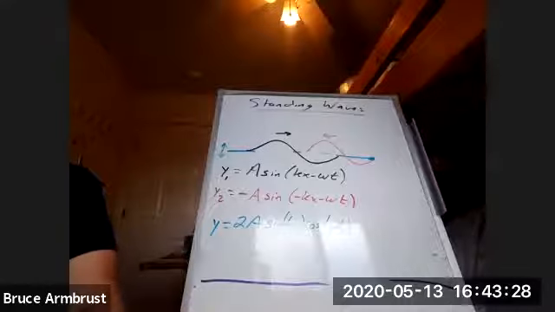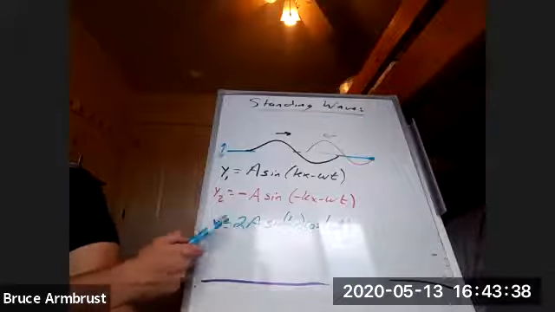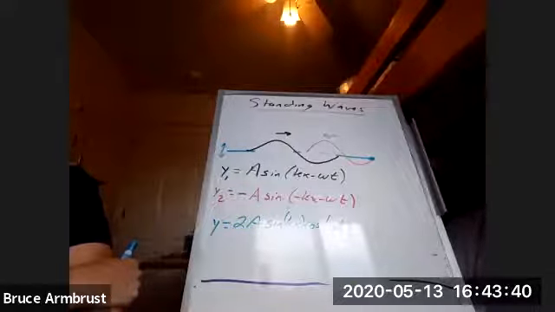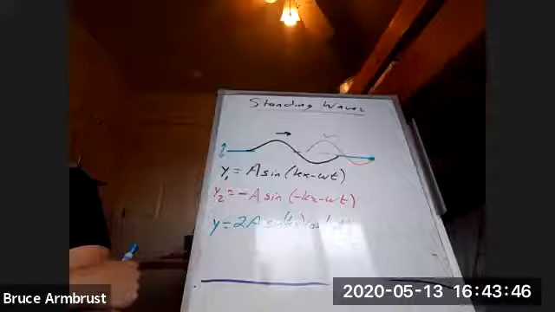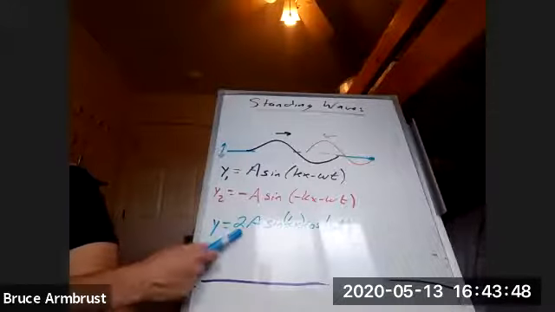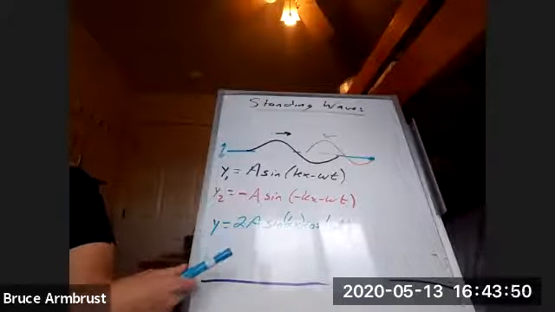I want you to notice a couple of things. First, just like last time, when we added two sine waves, we are getting a 2A. Not a surprise, right? Best case scenario is we literally get them on top of each other, so our amplitude is twice what we started with.